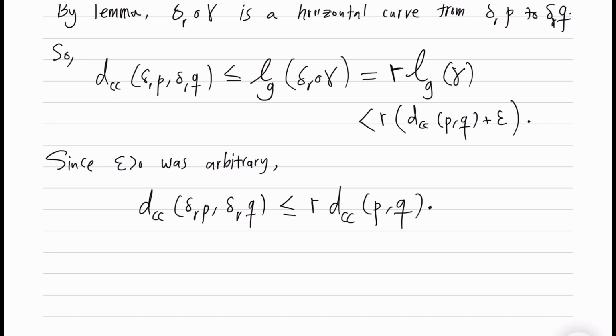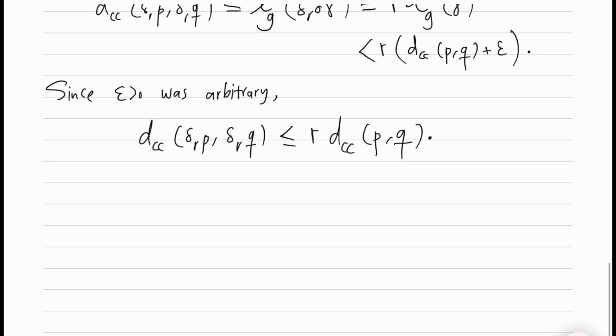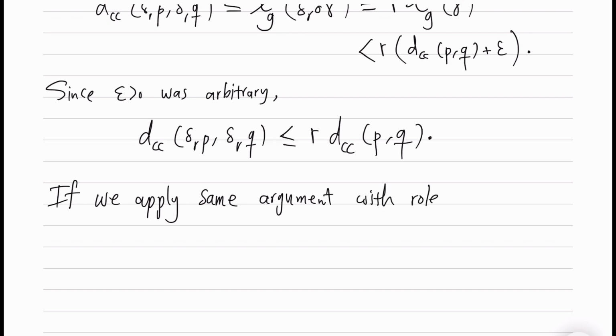Okay, now, do we need to prove the reverse inequality? Of course, but without much work. Because if we apply the same argument with roles reversed, that means we start with a curve that connects p tilde, which is delta r p, to q tilde.